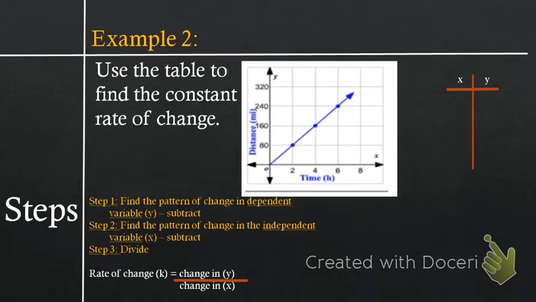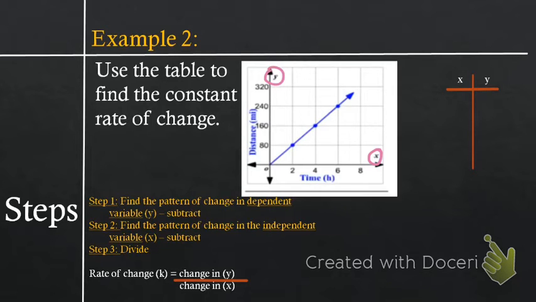Okay, example 2, we're going to use a table to find the constant rate of change. So we're going to look at the graph and create our table. We know that the horizontal is our x and our vertical is our y. What I'm looking at are each of these points.